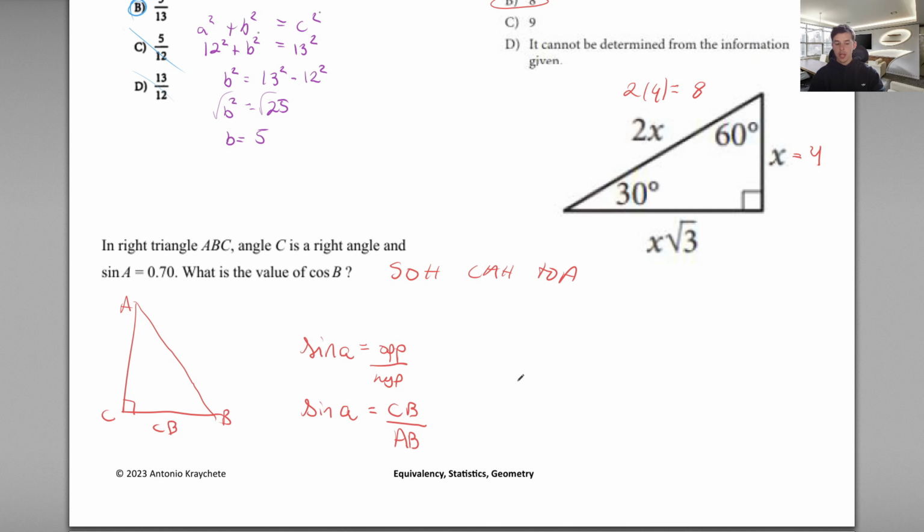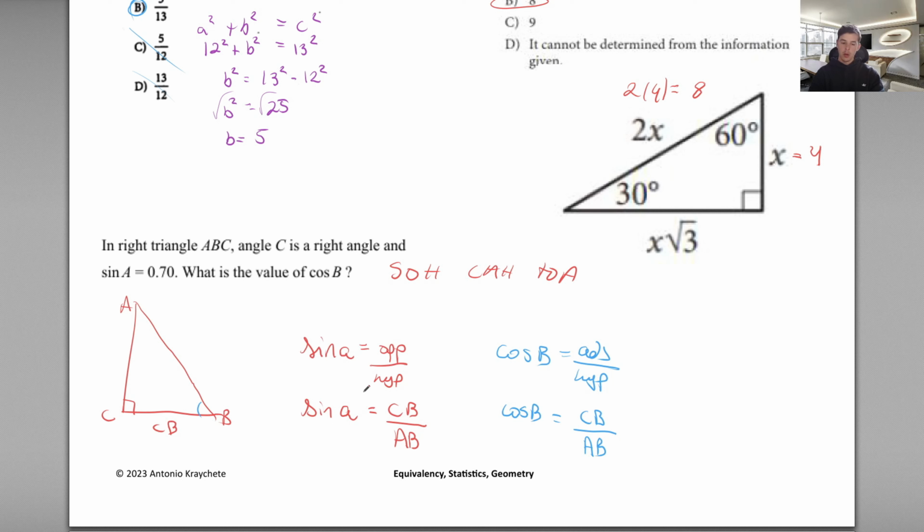They're asking for the cosine of B. So cosine of B, which is this, equals the adjacent side divided by the hypotenuse. What's the adjacent side of B? It's CB. What's the hypotenuse? AB.